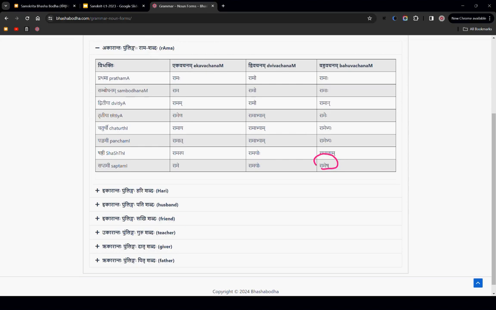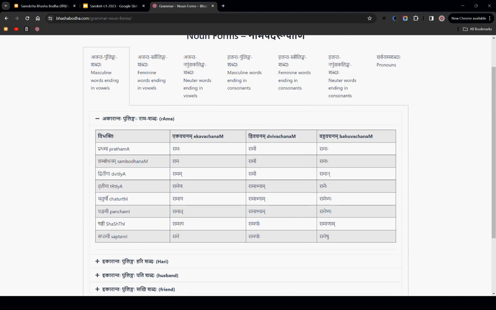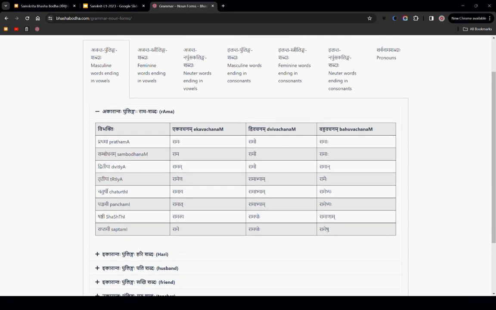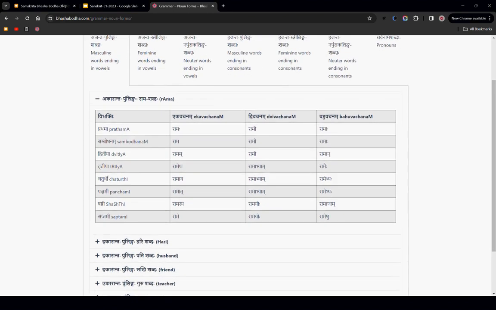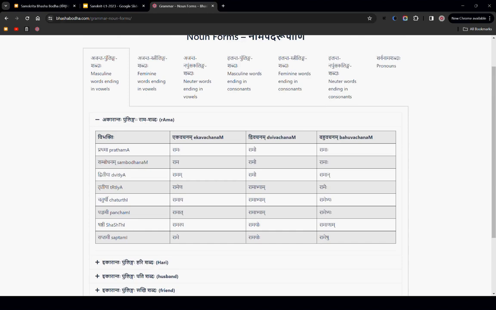My question was, maybe I want to clarify. This Ramah, the suffix that we use, is it going to remain the same for prathama bahuvachana vibhakti?